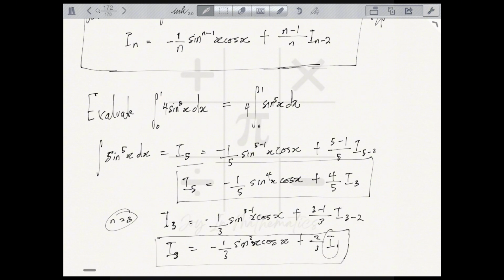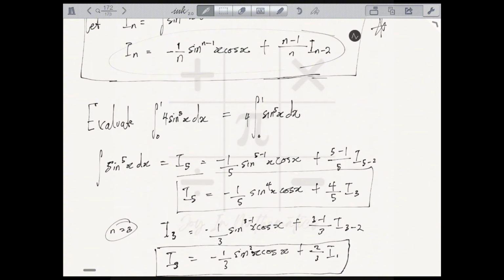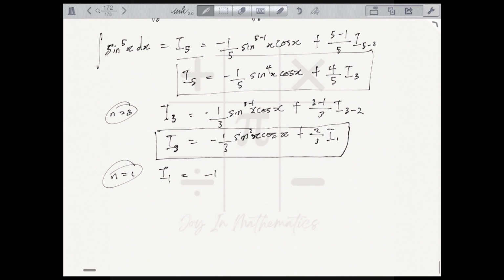So now we have to evaluate an expression also for I1. So I1, that means our n is equal to 1. So we come back here and make our expression of I_n with n equal to 1. So therefore we have minus 1 over 1 sine 1 minus 1 x cos x plus 1 minus 1 over 1 I subscript 1 minus 2.